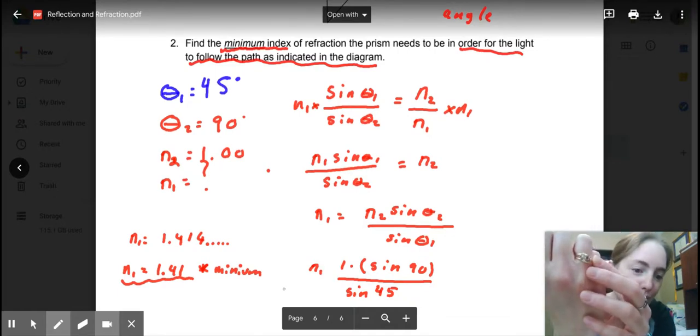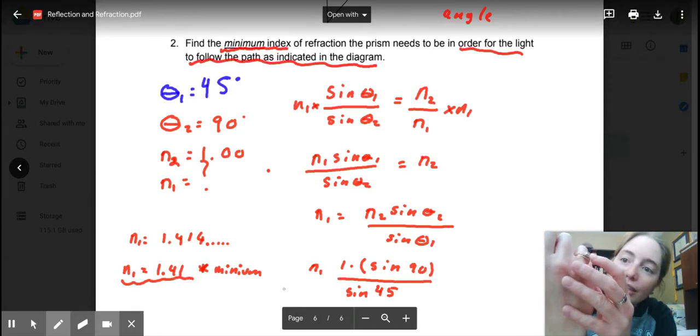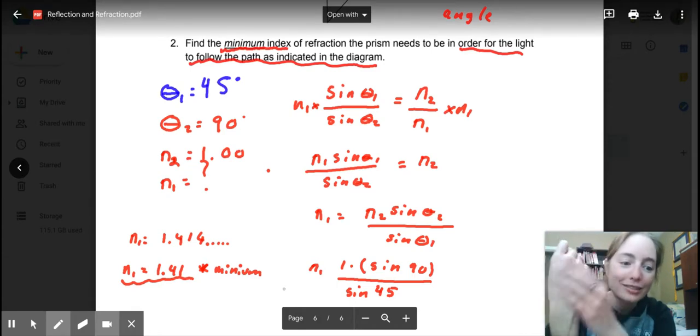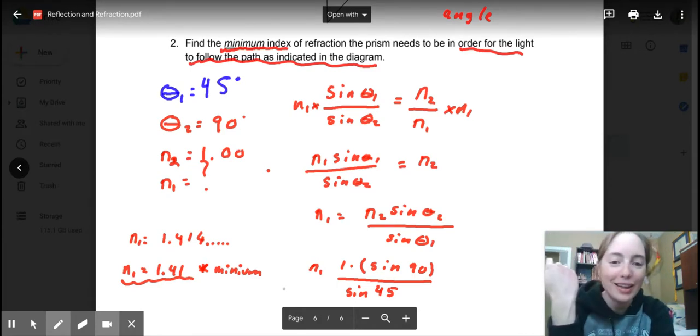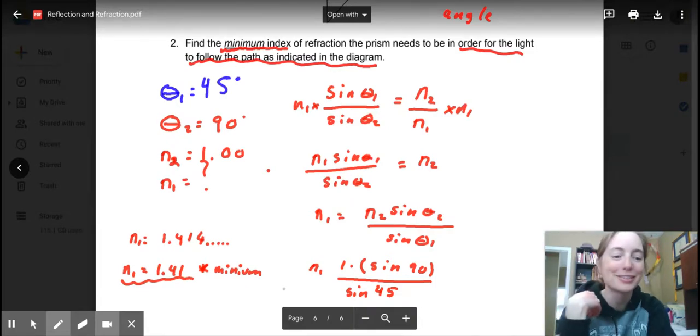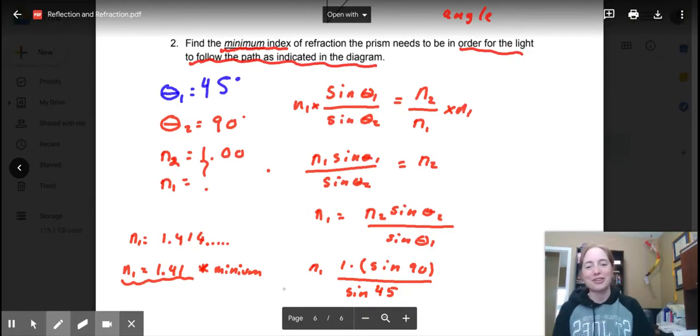What makes diamonds sparkly is the fact they've been cut at certain angles, so that way the light is going to refract in certain manners. So that is another application of why this is important, as well as getting a fiber optic cable to deliver your wonderful telecommunications right to your house.